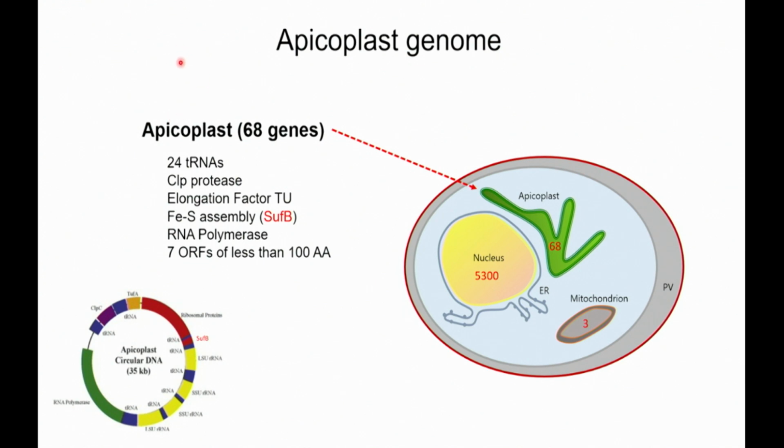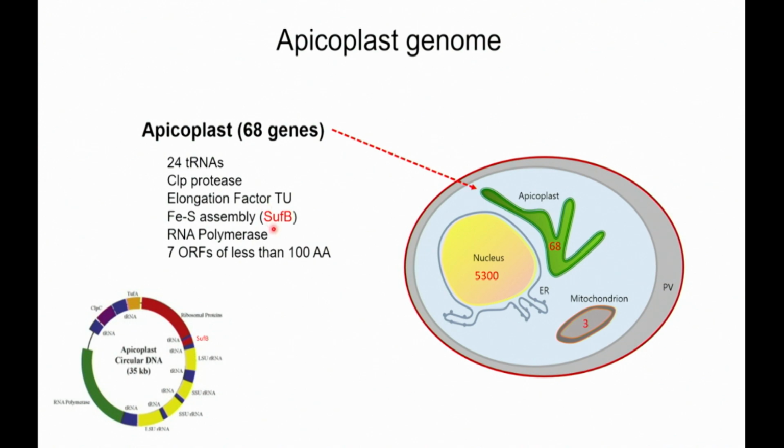Now in terms of what it does, when we look in this organellar genome, there's really just not much here to tell us what kind of biochemical pathways might exist in this organelle. These 68 genes are largely the genes that you would need to do translation and some housekeeping operations. Really the only hint at metabolism here is this one gene called SUFB.